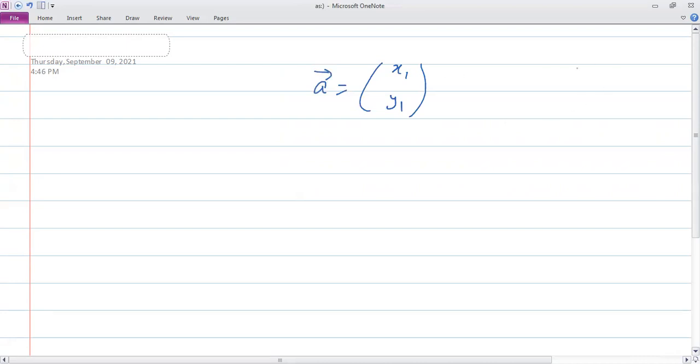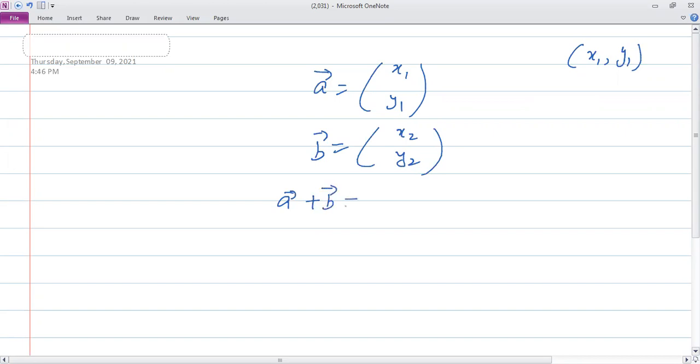You know, this x1, y1 we can write in this way as coordinates also. Doesn't matter. But this is a convention to write in this way. Let's say the vector B is (x2, y2).